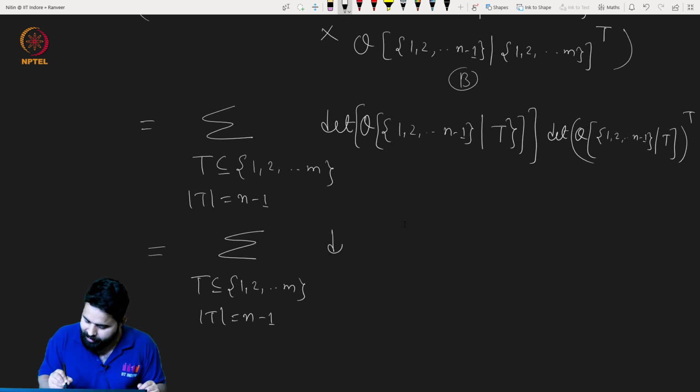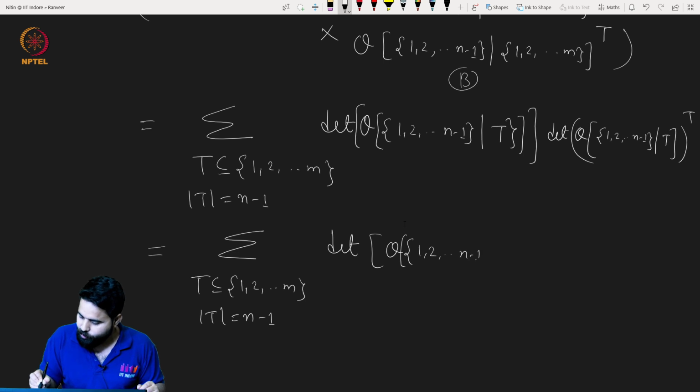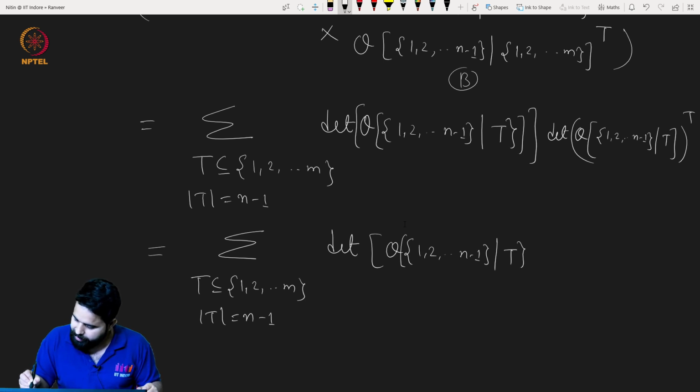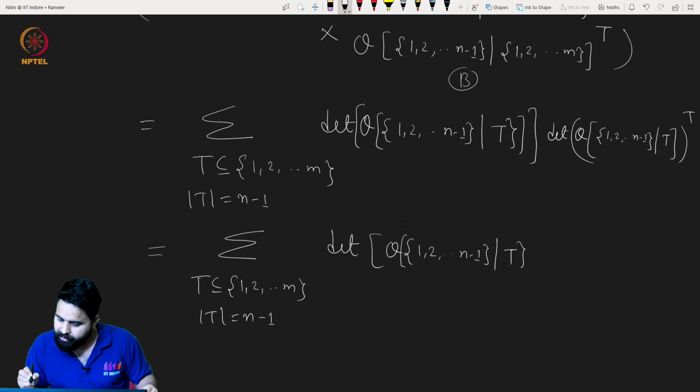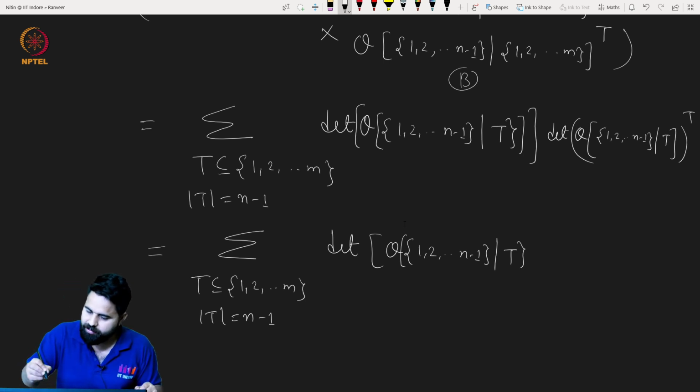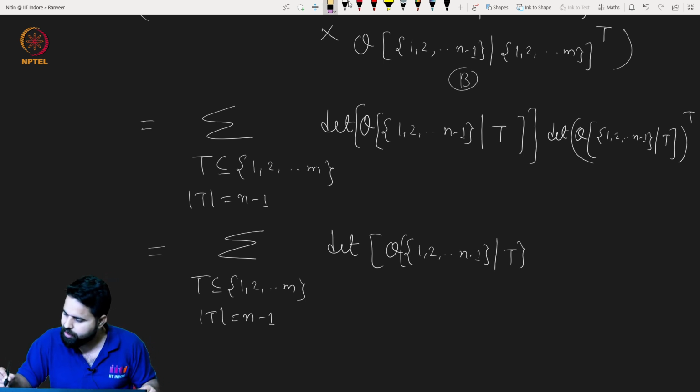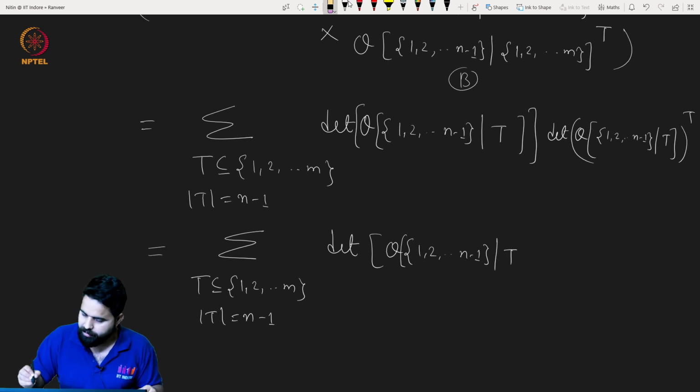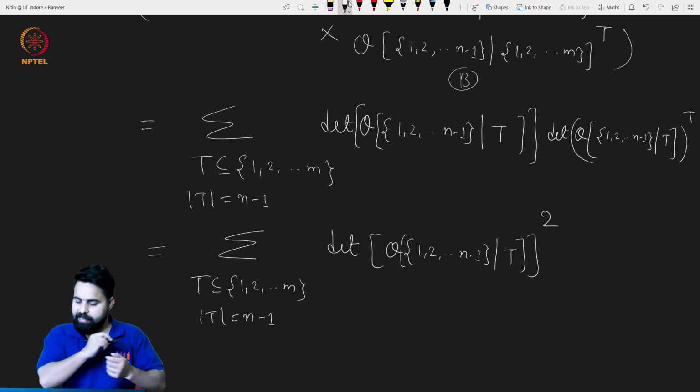This is the determinant of the matrix Q with rows 1, 2 up to n minus 1 and columns corresponding to T. Now this is nothing but a square, because these two quantities are the same, right?